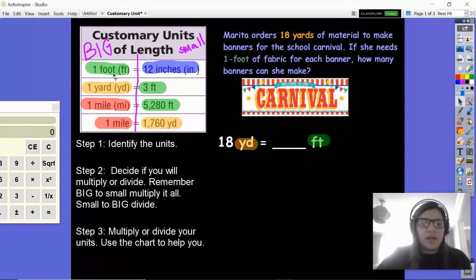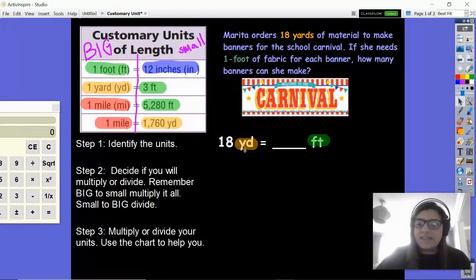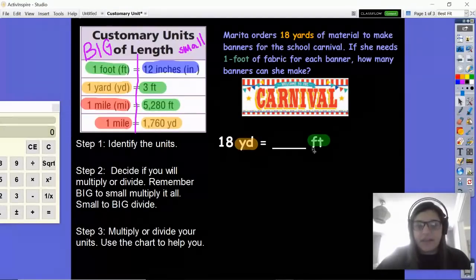So in the first row, it's foot and inches. That is not the same as yards and feet, so I know I'm not looking at this first row. The next row says yards and feet, so now I know I'm at the right place. I labeled at the top: this side of the chart is our bigger unit, and this side of the chart is our smaller unit.